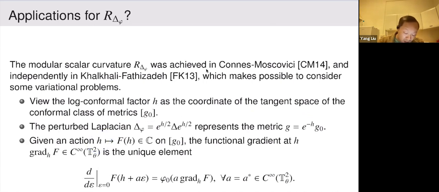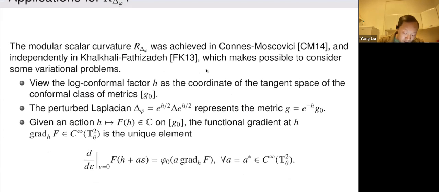Abstractly speaking, it is a function on self-adjoint elements of the non-commutative torus. Geometrically speaking, it's a function on the conformal class of the metric. So you can consider the following variational problem.